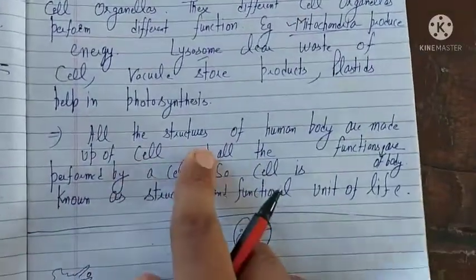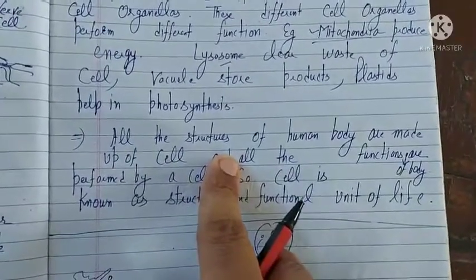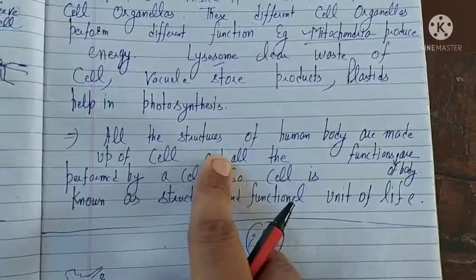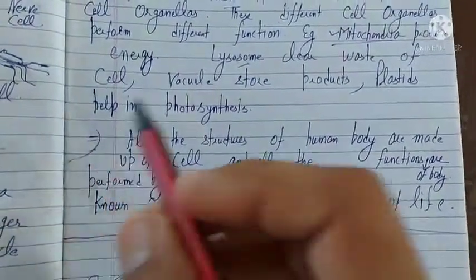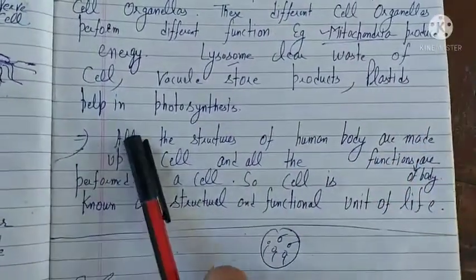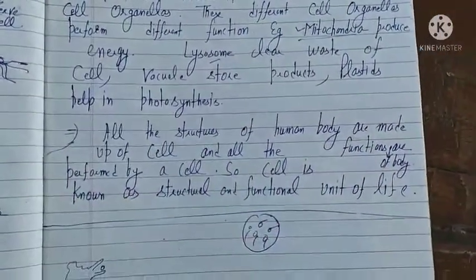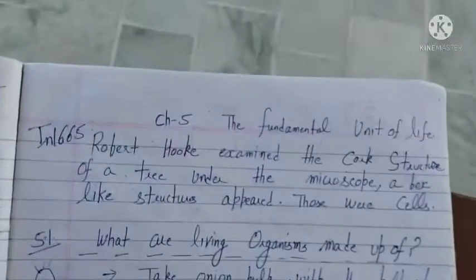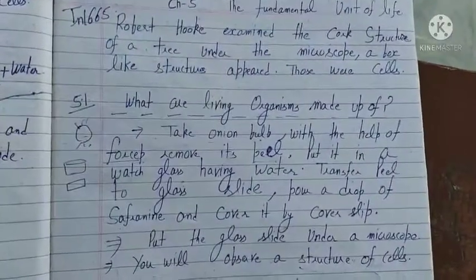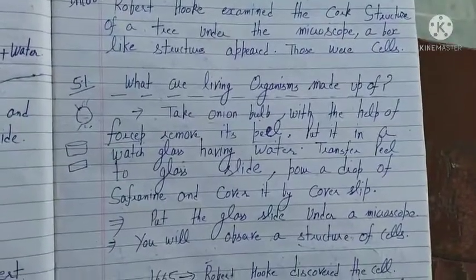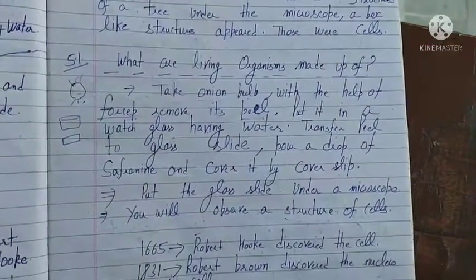So you know all the structures of the human body are made up of cells, and all the functions of the human body are performed by the cell. So cell is also known as the structural and functional unit of life. So the overview is this: we have read some structures are present in the peel of onion, those were known as cells. Robert Hooke discovered the cell.